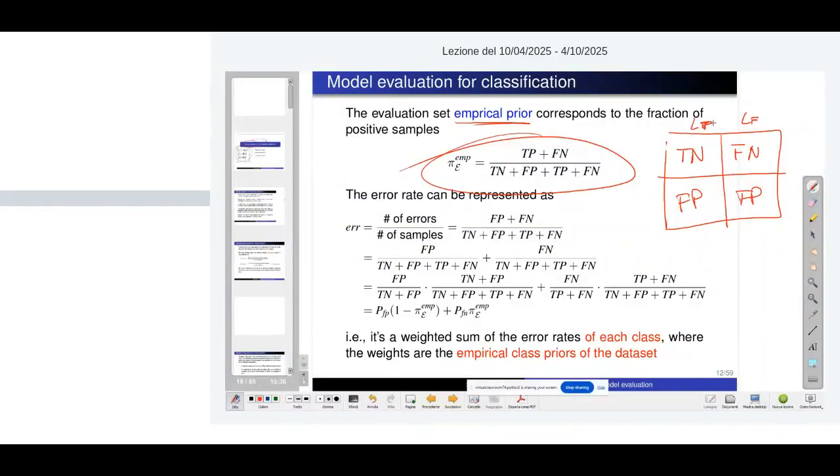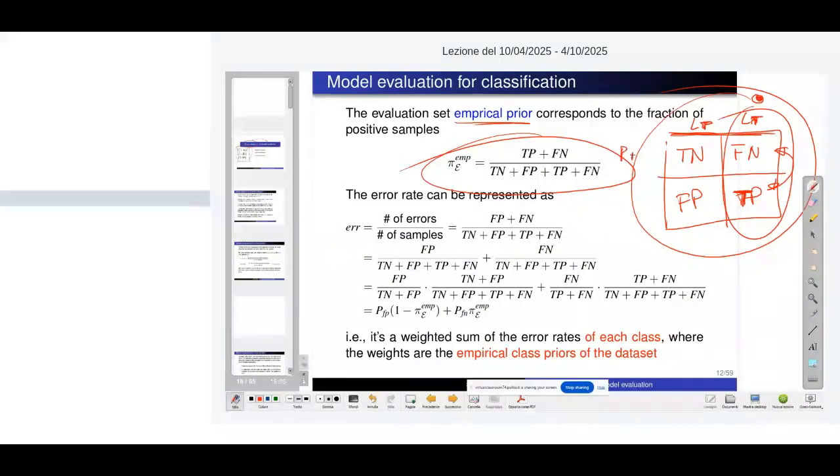We said that if this is the data set that we classified, it's the ratio of samples from class true with respect to the number of samples of the data set. How can I compute the number of samples of class true? The number of samples of class true is this column. The sum of these elements is the number of samples of class true. These are the samples of class true.